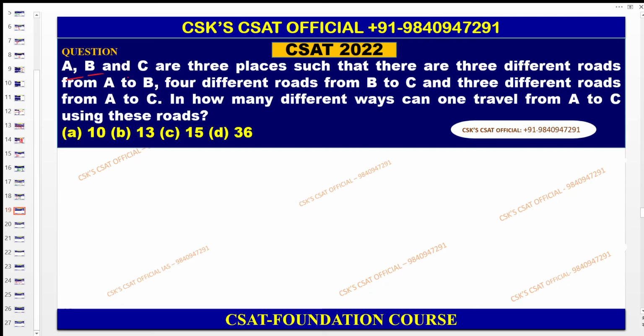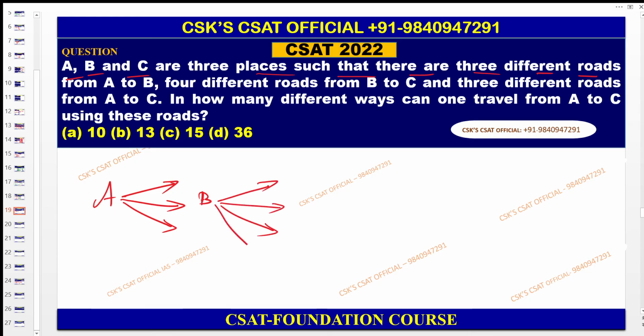A, B and C are 3 places such that there are 3 different roads from A to B. So this and all we have done in the very basic foundation of permutation. 4 different roads from B to C. 3 different roads from A to C. Now, in how many different ways can one travel from A to C using these roads?